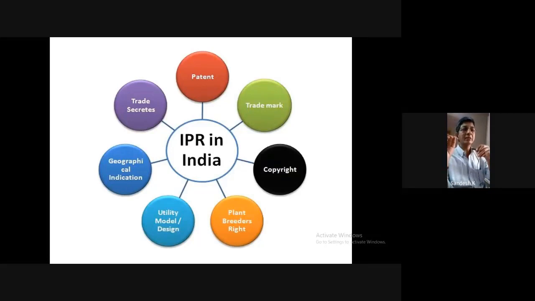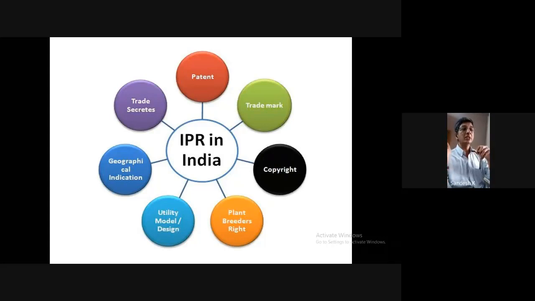Some countries have specific acts for the utility model, which you can see below. Utility model or design, they have specific laws. Trade secret is not protected under any of the acts in India, actually, but everybody is free. Every business house is open for the trade secret. They can maintain it at their own risk.